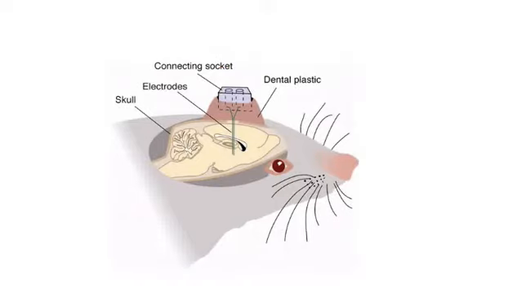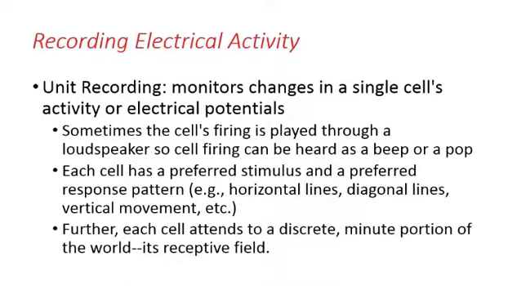This is an example of where the electrode would be placed in a particular region of the brain, and a little connecting socket placed on the outside and some dental plastic put around the outside of the incision. Unit recording is closely related. It monitors changes in a single cell's activity or electrical potentials.